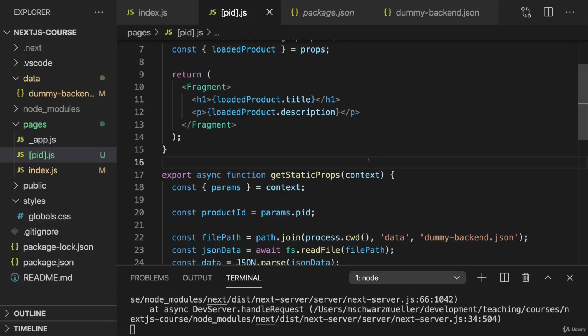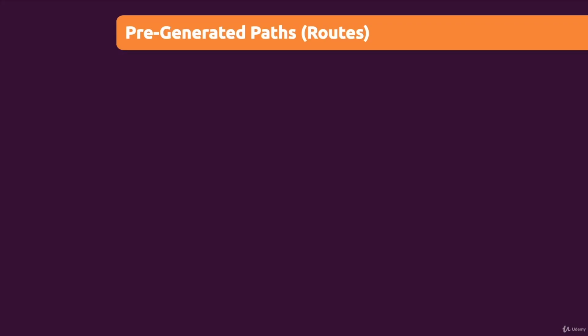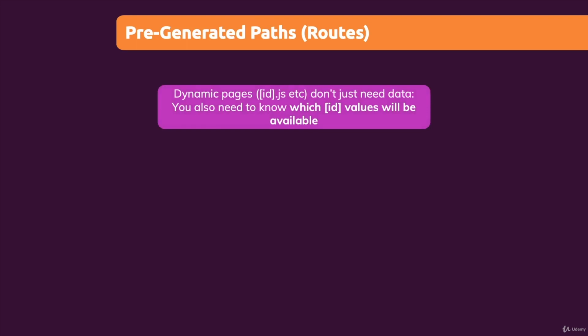For the reasons mentioned, Next.js has no chance of knowing how many pages you need and which concrete values of this dynamic segment you need. That's why for such dynamic routes, we need to give Next.js more information. We can also tell Next.js which paths, so which instances of a dynamic page should be pre-generated.